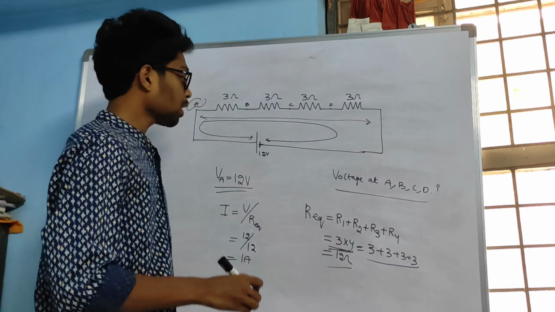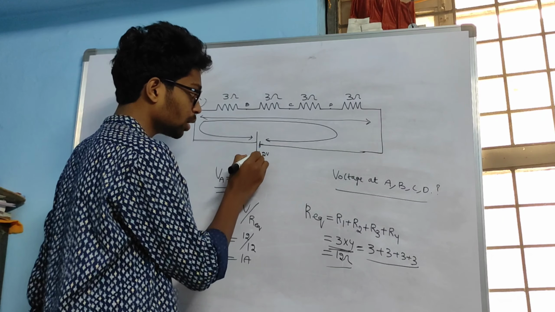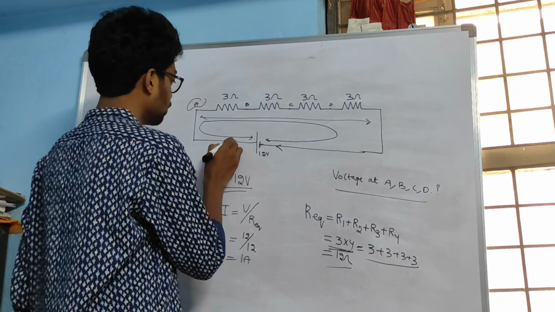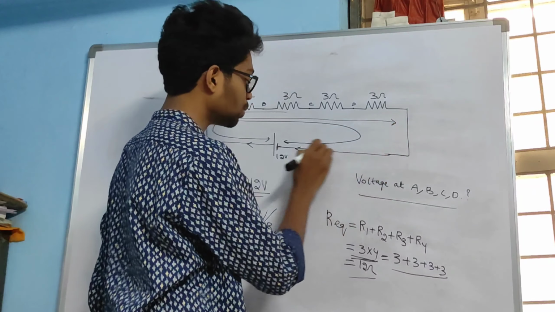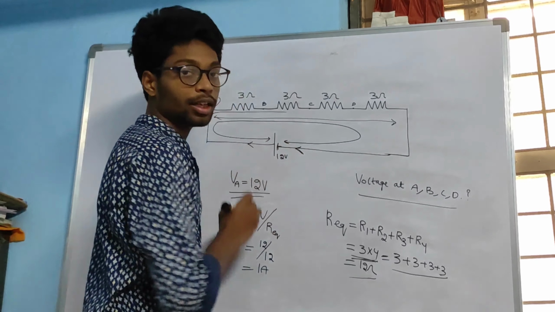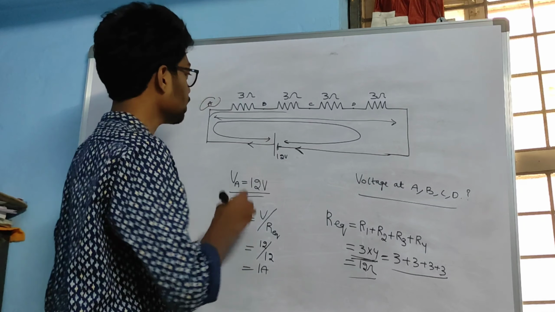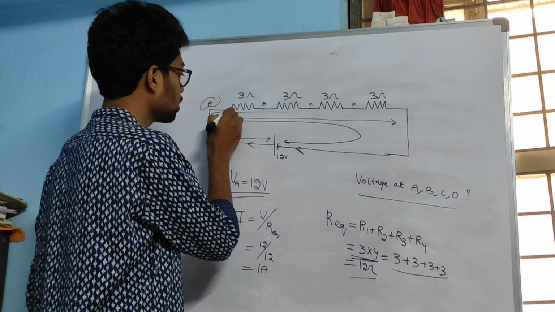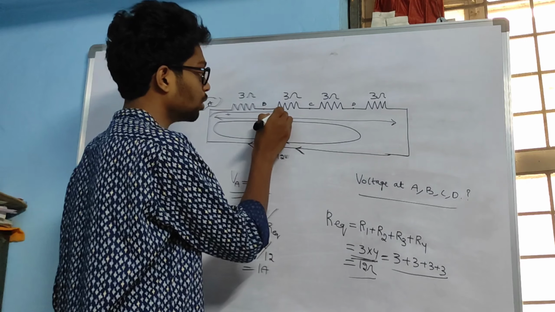Current will start from positive terminal and follow like this, form a closed path and end at the negative terminal. And coming to the resistances, this will be the sign of the voltage drops.